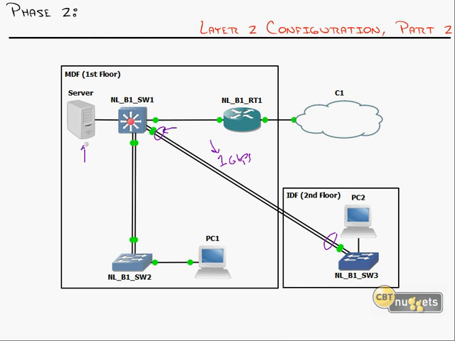If I had a 50 gig file on this server and this PC, I wouldn't drag and drop and see 2 gigabit throughput. I would only see 1 gigabit. But what it does is load balance. Maybe the first connection from PC2 to the server uses this link, and then PC3, not pictured here, goes to the server and uses the other link. So you do get to use both links, but you'll never exceed the speed of any one link. So that's EtherChannel in all its glory.